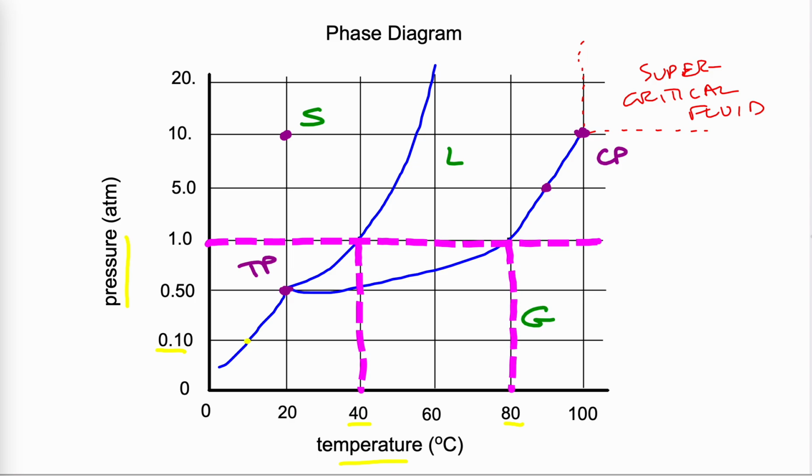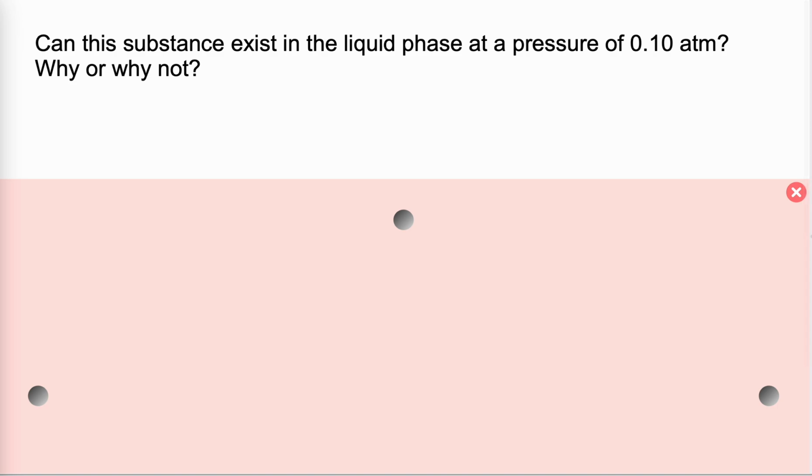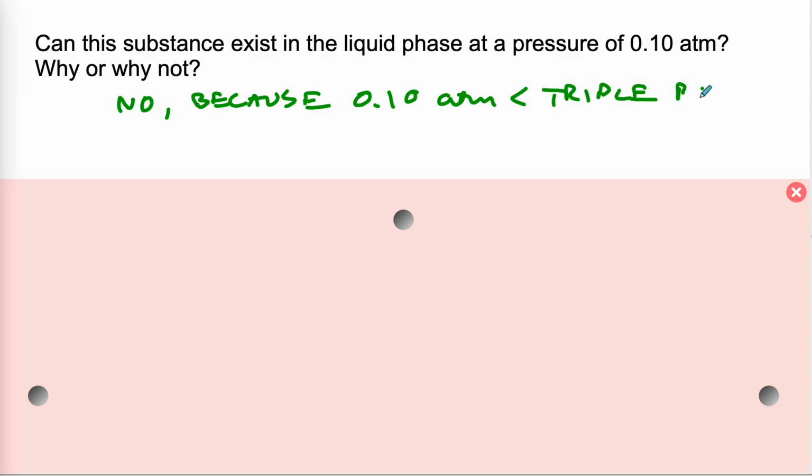You cannot have the liquid phase. So for that I will say no, because 0.10 atmospheres is less than the triple point pressure. This, by the way, is the reason that dry ice, which is solid carbon dioxide, does not exist in the liquid form at atmospheric pressure. The triple point pressure of carbon dioxide is greater than 1 atmosphere.